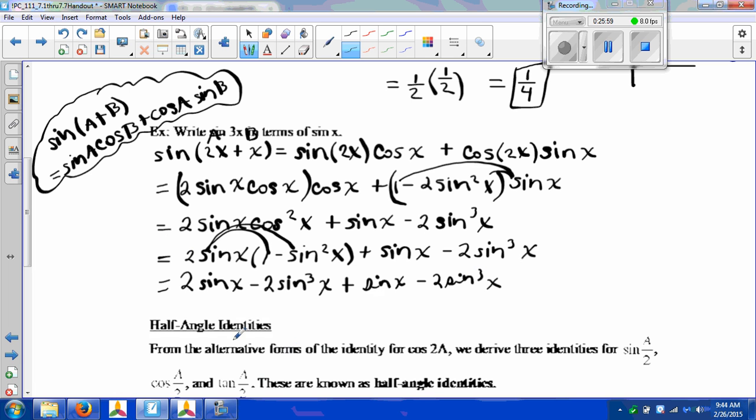Alright, well then that is, what is that, 3? Oh, well let's actually write our highest degree first. So negative 4 sine cubed x plus 4 sine x. And there you go. So we have written it in terms of sines.